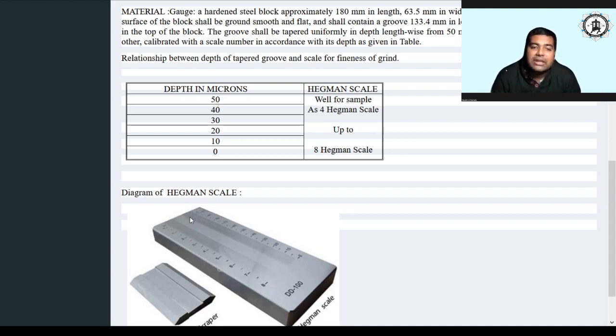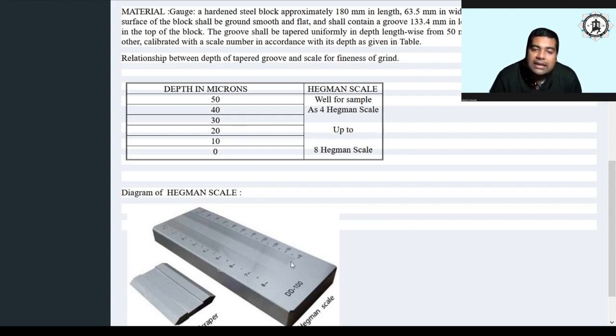Now, what is the relationship between the depth of the tapered groove and the scale for fineness of grind? Here the depth of the groove is 50 micron, so what is the corresponding result in your Hegman gauge? This relationship is given.